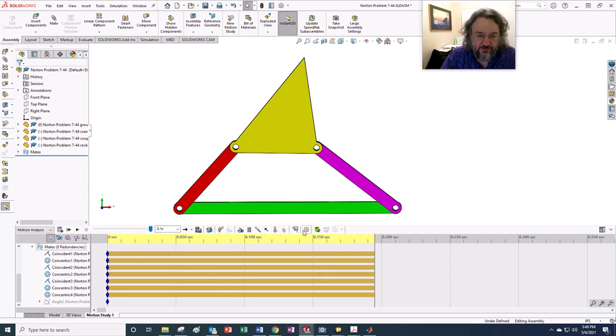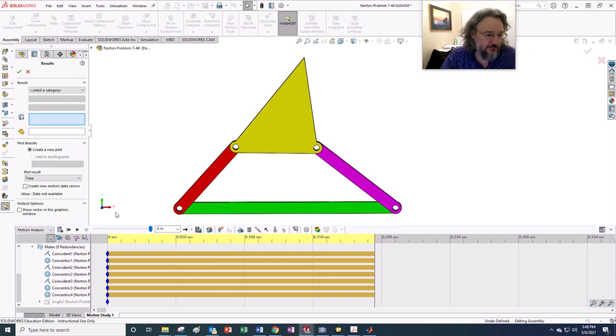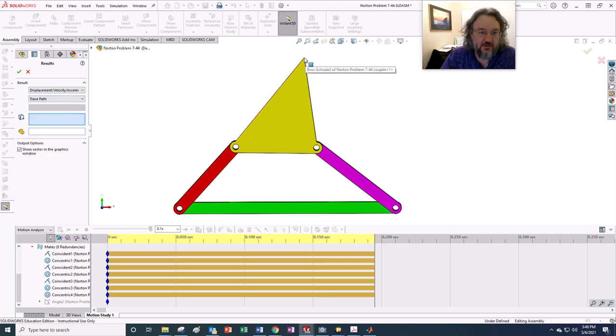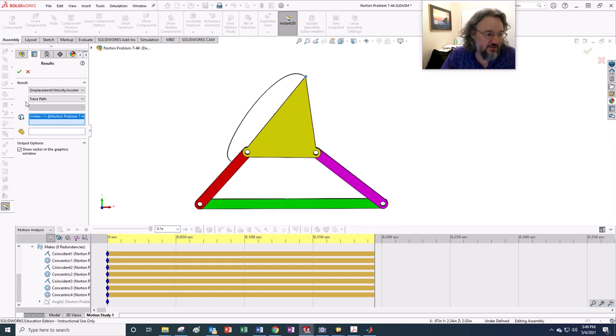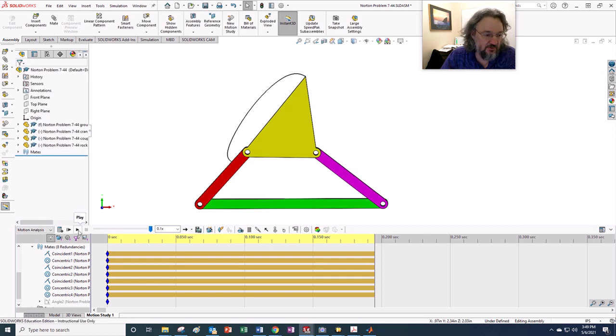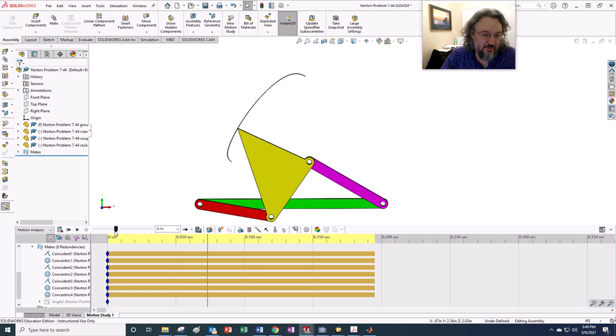So let me do some of the post-processing thing here. Let's see what our trace path is. That's a good thing to put on there. Trace path at that point right there. So that's where it starts. Boom, right? So let me see here. Slide that thing back right there.